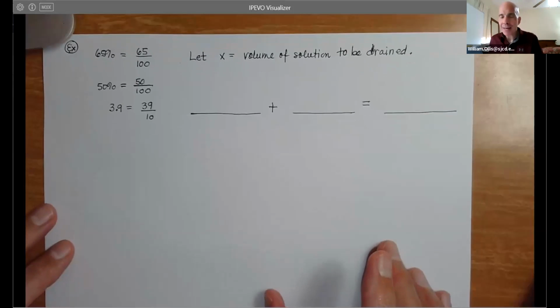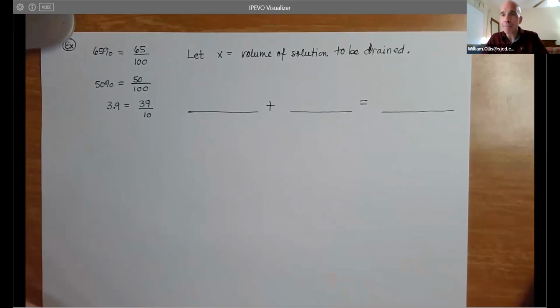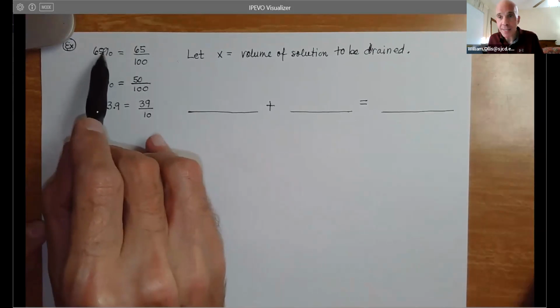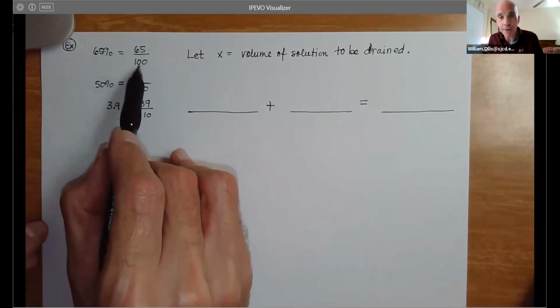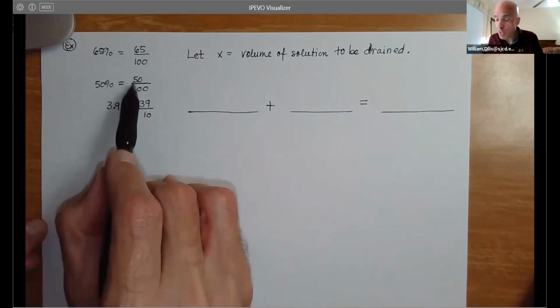Now, again, this was a technique that I developed for my intermediate algebra students to help them learn the technique, so they would have a particular procedure, just like we talk about with the symbolic arithmetic in algebra. So first, we can go ahead and write the 65% as 65 over 100. We can write the 50% as 50 over 100.